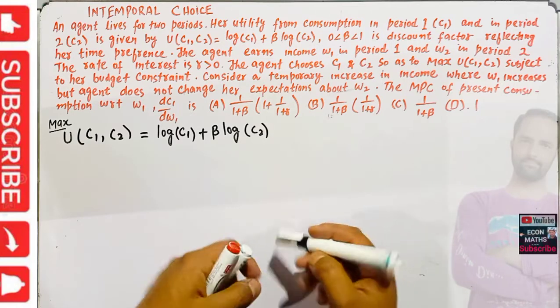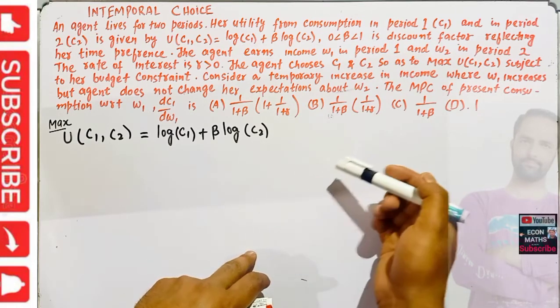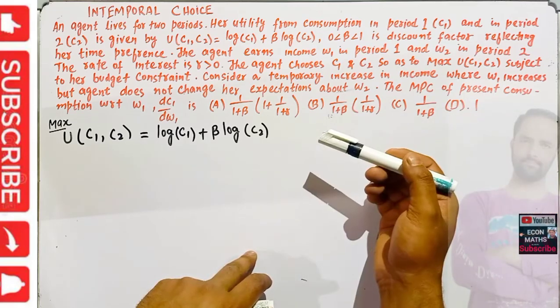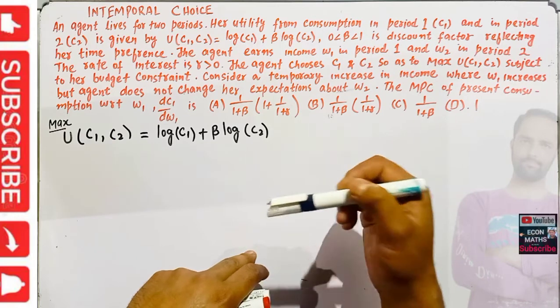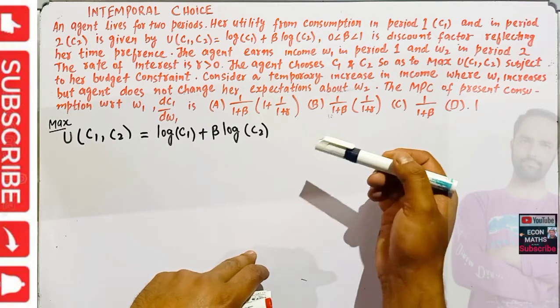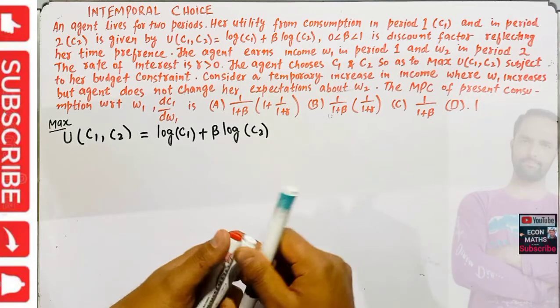Now what will be our budget constraint? Since we have to find the present consumption, we need to find the present value of our consumption. So the budget constraint will look like this.